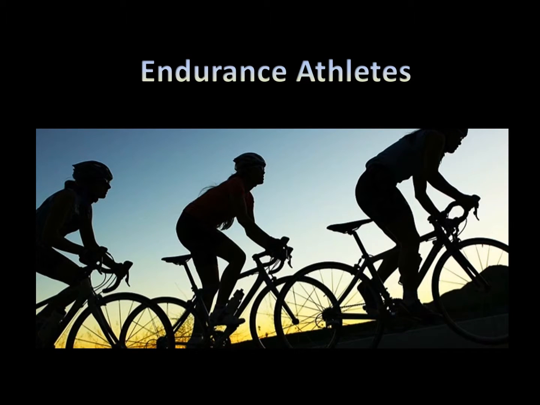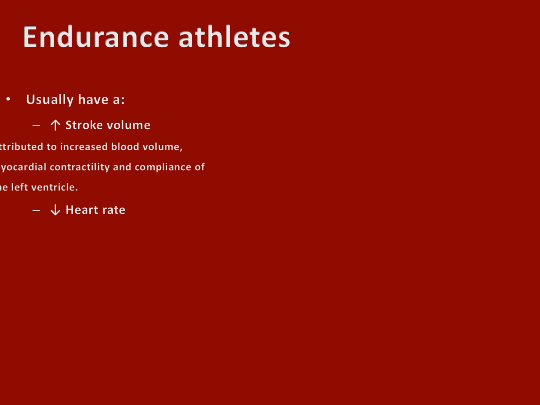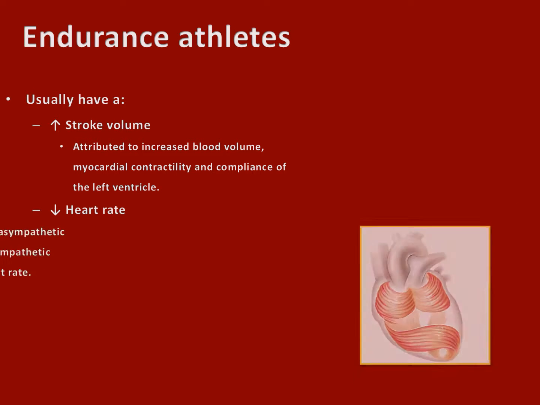How does endurance training influence cardiac output during rest? Very important. Remember, cardiac output is the product of stroke volume and heart rate. Endurance athletes have a higher stroke volume. This high stroke volume can be attributed to an increased blood volume, myocardial contractility, and compliance of the left ventricle.